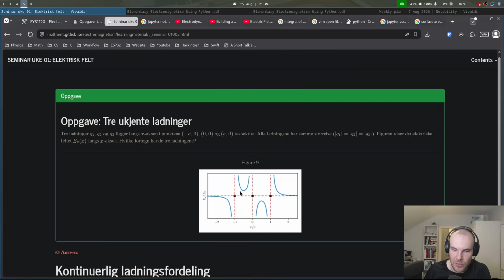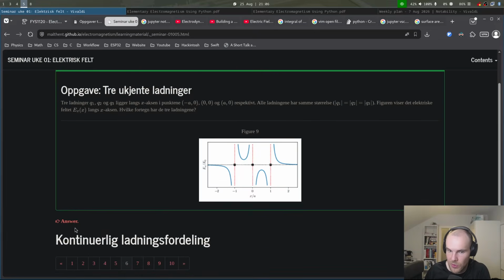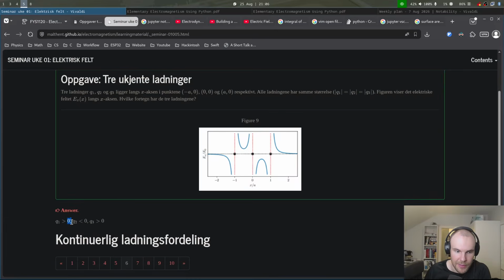So this is positive, this is negative. And in order to get the opposite effect here, this guy has to be positive, right? Because if you start here, you have a huge velocity, and then that tangent will just decrease and decrease the further you get away from this guy. So positive, negative, positive then. And that is true. Okay.